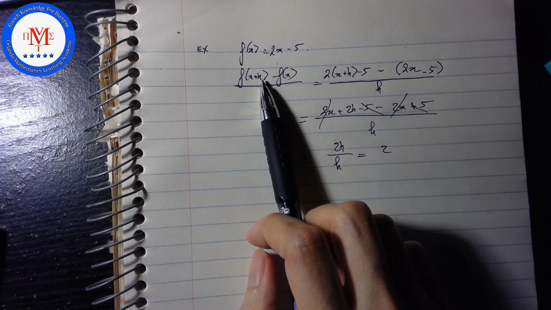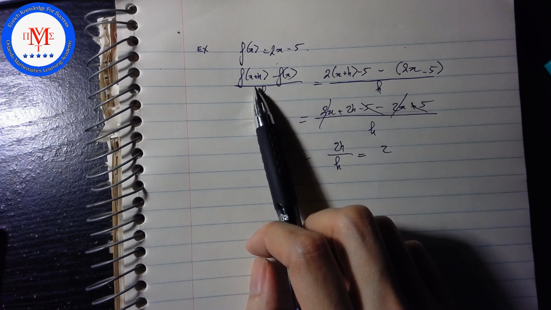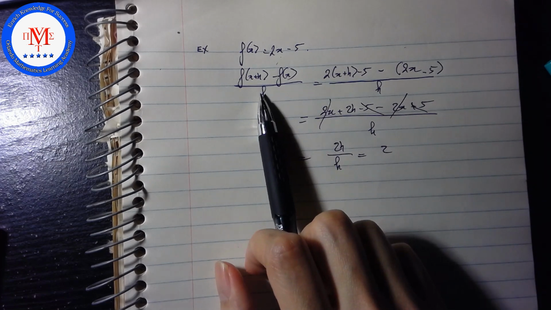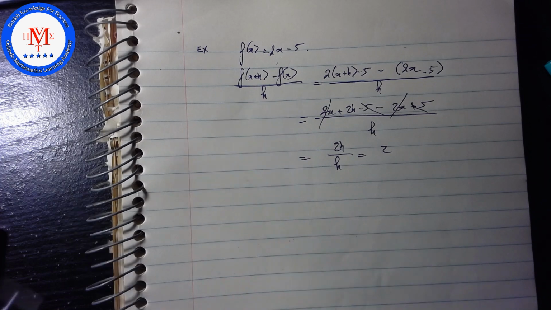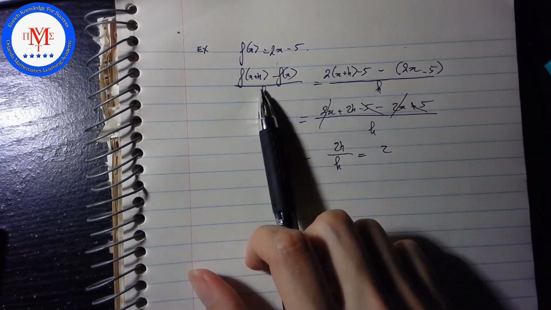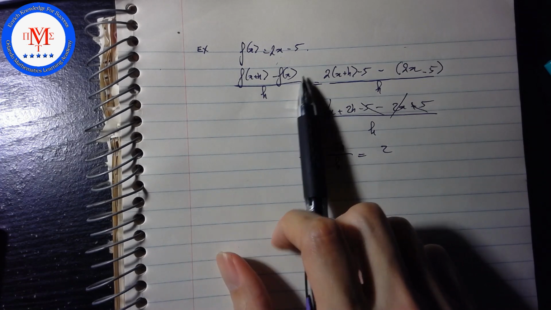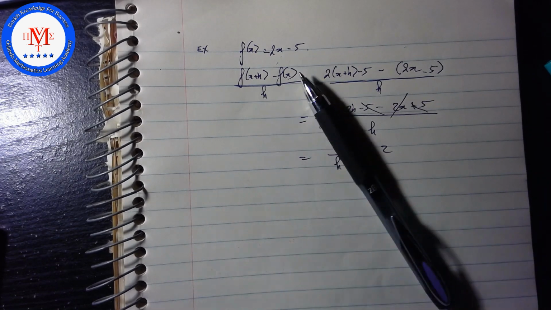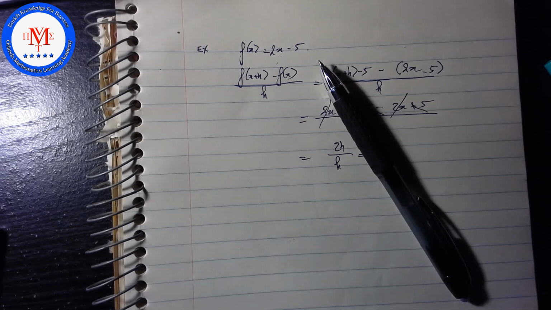It is the same here, but instead of a constant value, we have a variable x plus h, and f(x) is the whole thing, 2x minus 5 already, so we don't really replace anything. We just bring the whole function 2x minus 5 to the formula here.